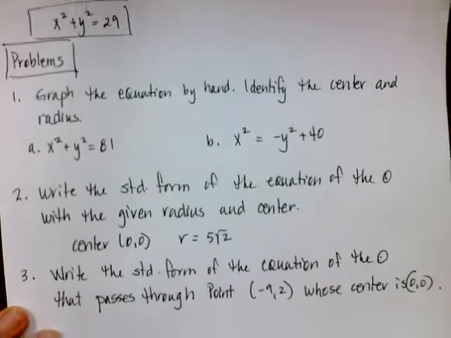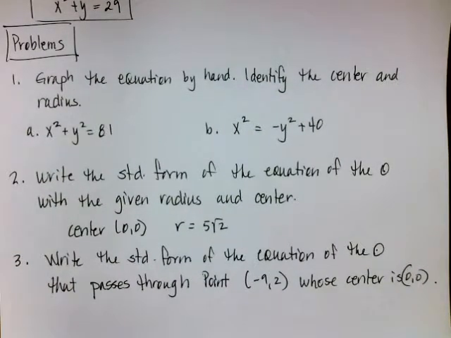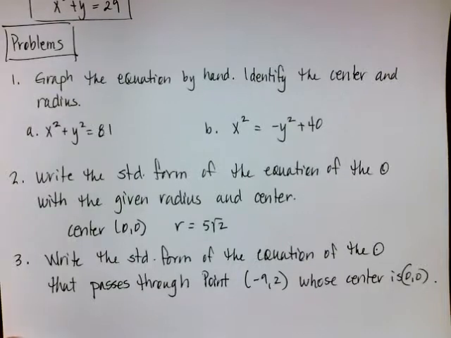So write the equation of the circle that passes through the point (-9, 2), whose center is (0, 0).